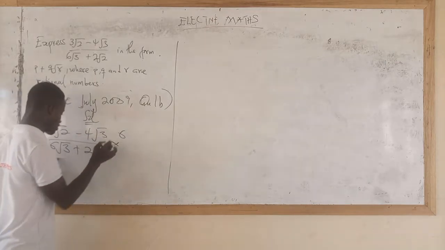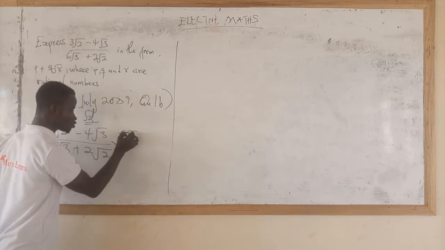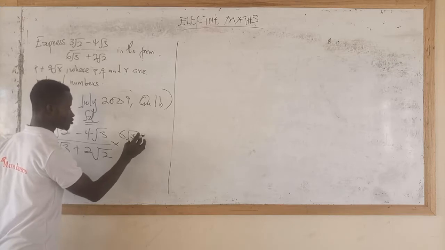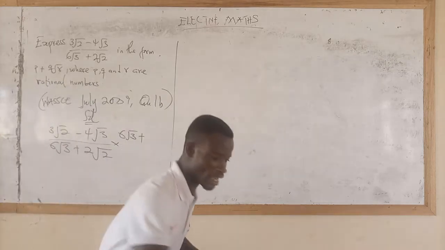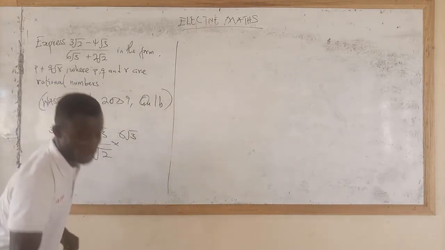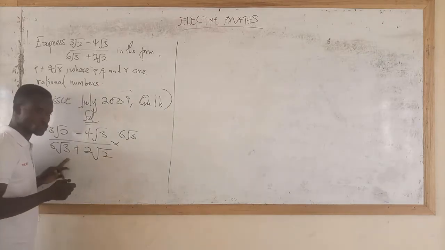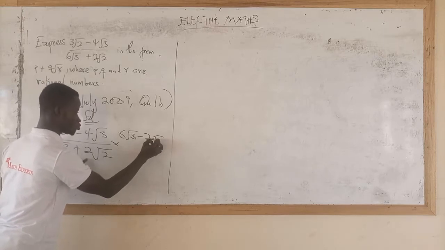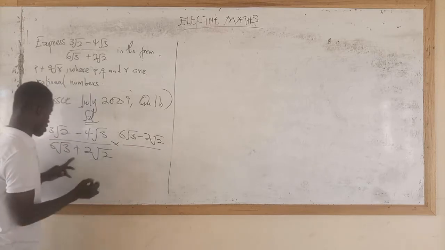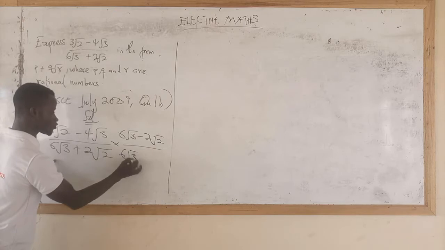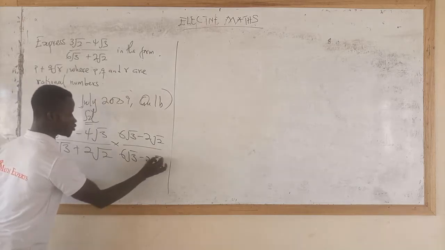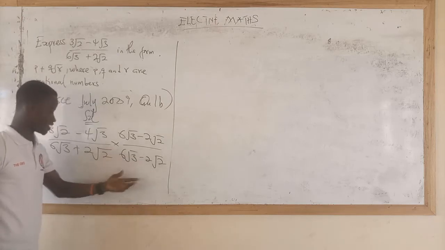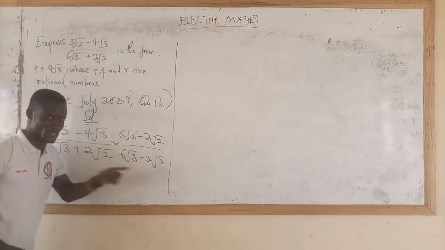So here you're going to get 6 square root of 3 plus... sorry, you know that the one that you are rationalizing, you change the sign in between it. So it will be minus 2 square root of 2 all over 6 square root of 3 minus 2 square root of 2. Most students don't understand the reason why they even change the sign. They don't even know.